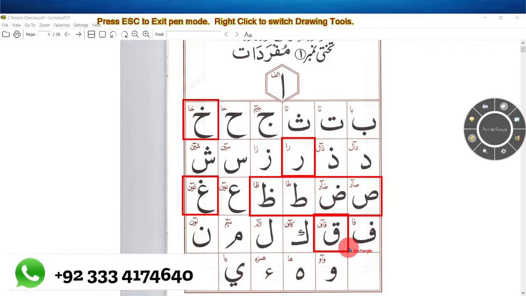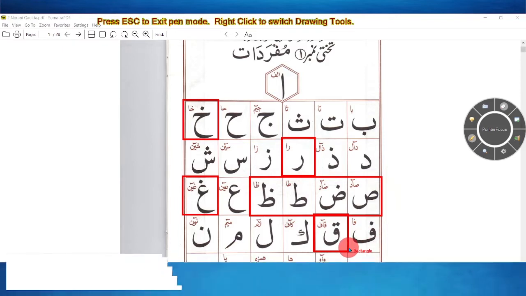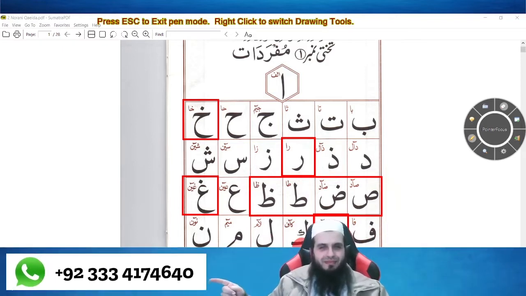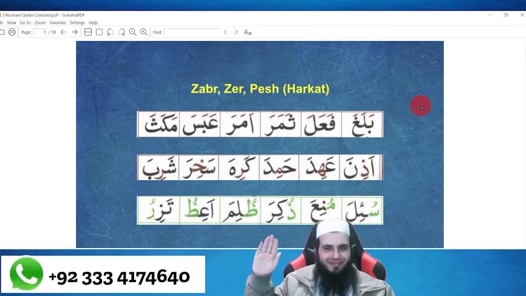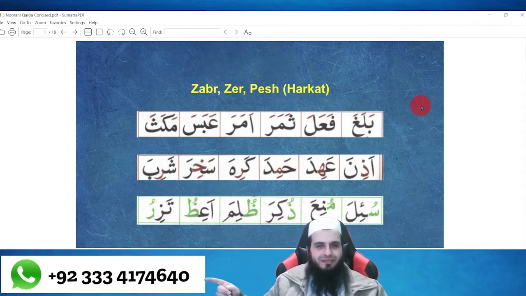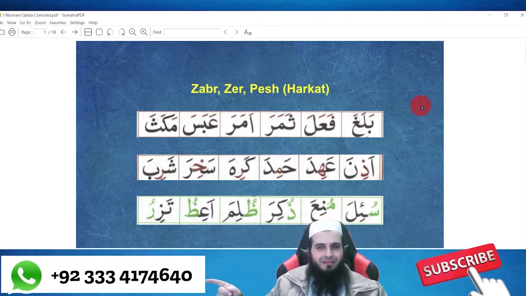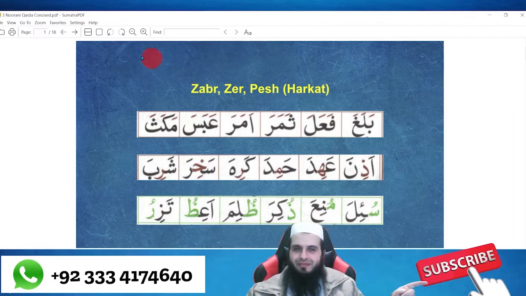Qaf will be from the back side of the roof of the mouth, whereas Kaf will be from the front as compared to Qaf.